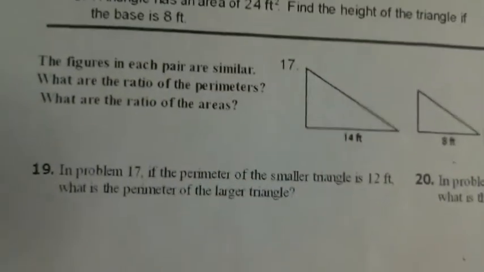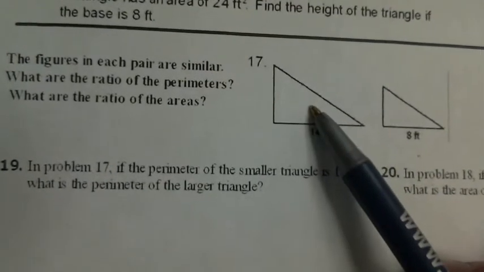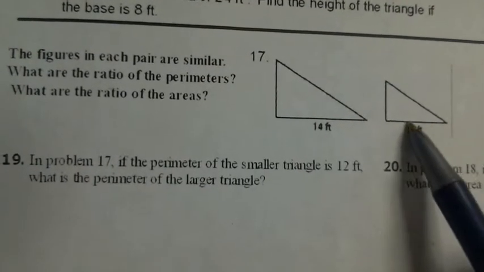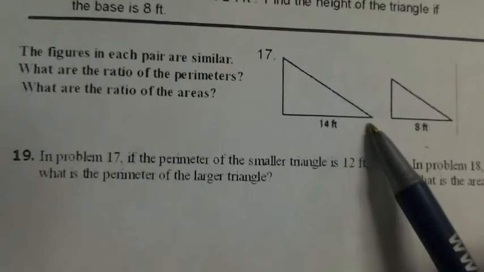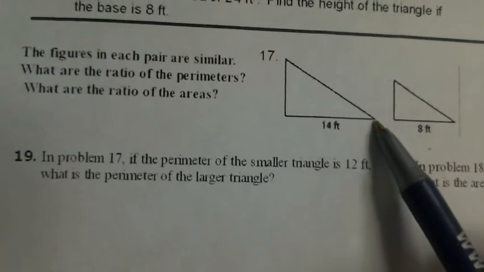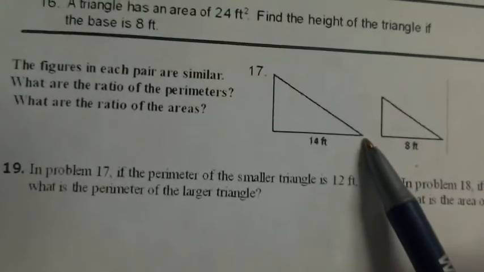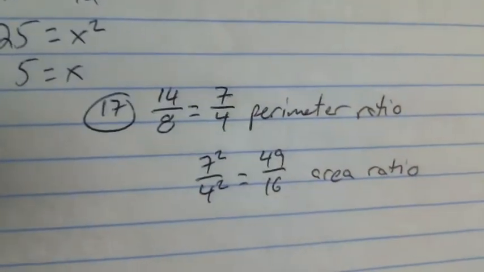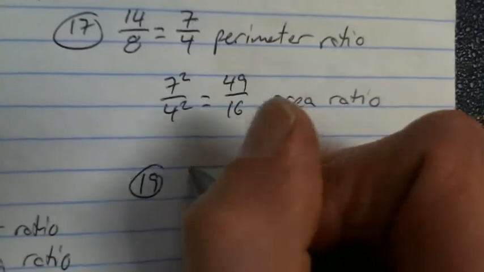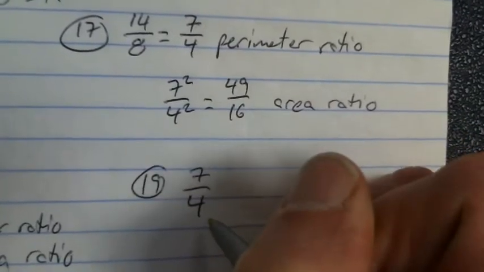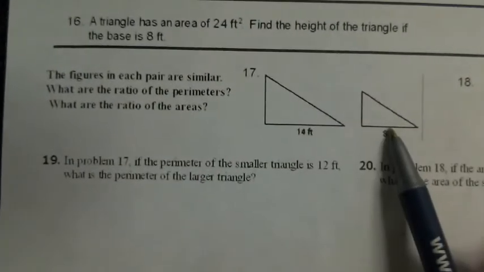Number 19. The perimeter of the smaller triangle is 12 feet. What's the perimeter of the larger triangle? Well, we know they're in ratio. We just found the ratio in 17. There's the ratio, 7 to 4, is the big triangle to the little triangle.